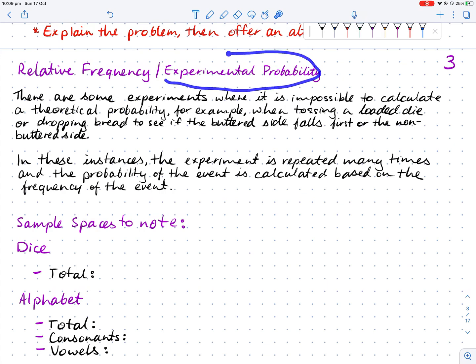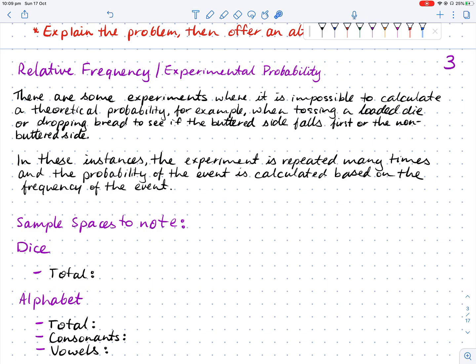In experimental probability, often we may not know exactly what the probability is because of the nature of the experiment, or you might be testing out a theoretical probability by actually performing an experiment. So in these situations, basically you're still doing the same thing. You're looking at how many of your results are favorable over the total number of experiments that you conducted.